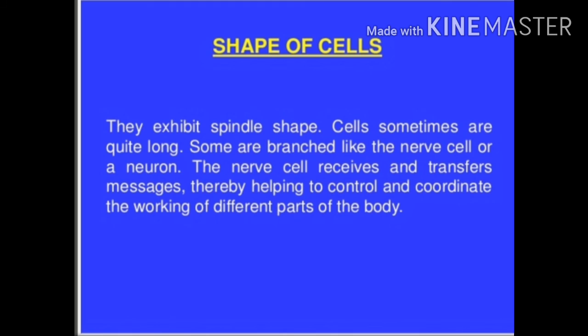Nerve cells are long, while muscle cells are needle-like. In leaves, guard cells are bean-shaped and are opposite to each other. In a unicellular organism, the cell has an irregular shape which keeps on changing with the activity of the animal. For example, amoeba. Amoeba, children, you know, is a protozoan and its shape changes with the help of pseudopodia.